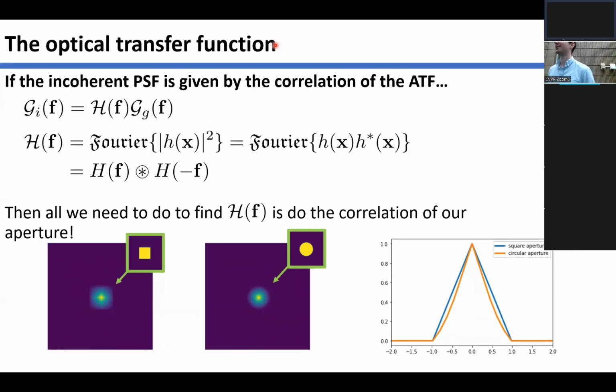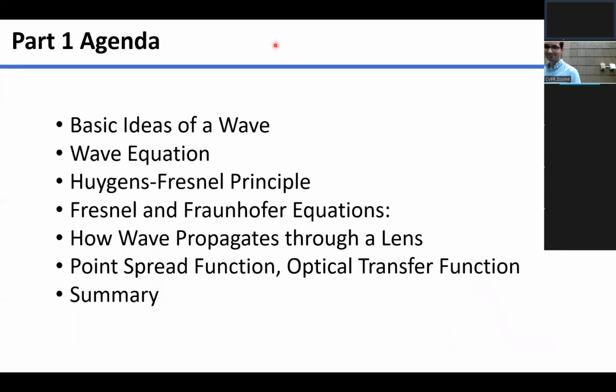So a circle ends up turning into a carnival-tent-looking function, and a square ends up looking like a pyramid. As far out as that passband extends, that corresponds to the maximum frequency accepted by my imaging system. So I can use all these ideas in a very typical electrical engineering signal processing way.